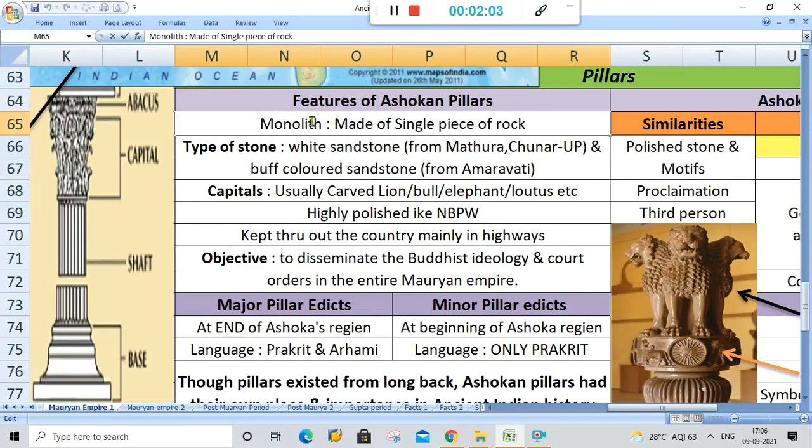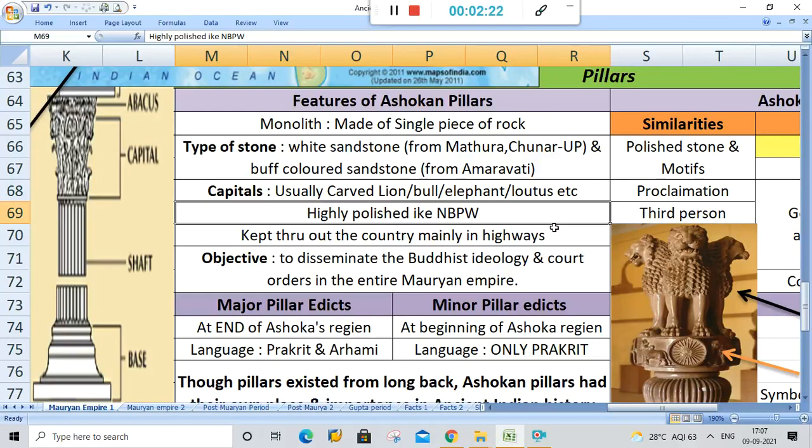The Ashokan pillar is a monolith. It is made up of a single piece of rock. So there are not many rocks involved in the carving of this Ashokan pillar. It is totally made up of only one rock.